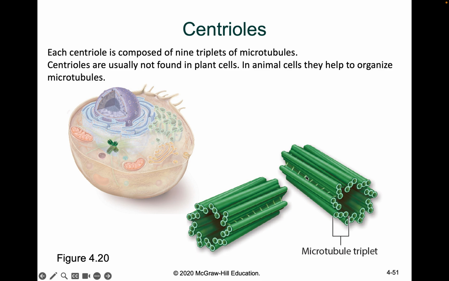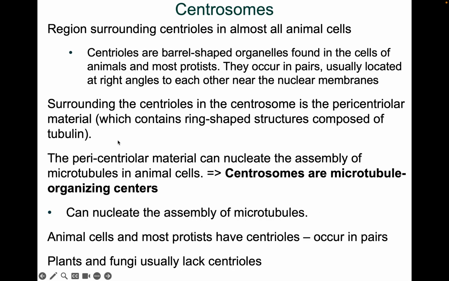Around these, this is how they look around here, there is this material which we call the pericentriolar material. So there's this material all around these two centrioles. This material is technically alpha and beta tubulin. So we're like, okay, these guys are microtubules, surrounded by the building blocks of microtubules.